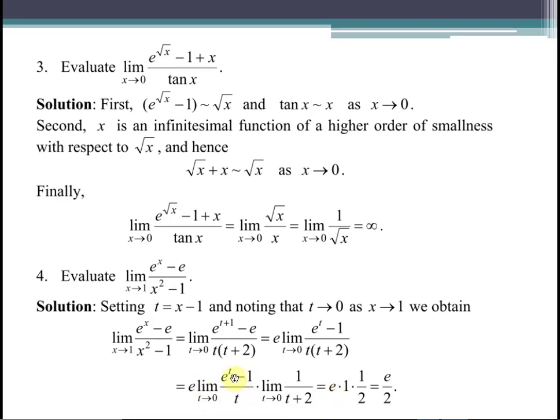The first limit tends to 1 from the last theorem, and the second one tends to 1 over 2 when t tends to 0. We don't have an indeterminate form in the second one. So the answer is e over 2.